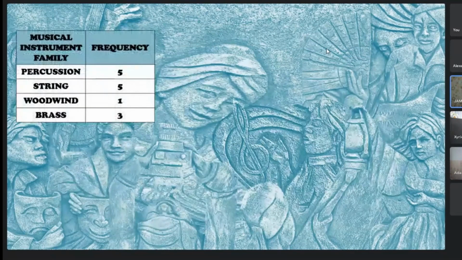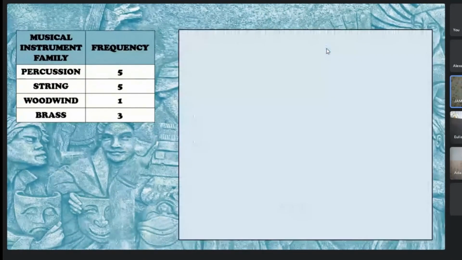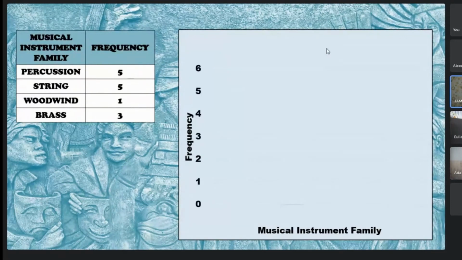Then draw the bar. So we have here our FDT, or the frequency distribution table, with the frequency and the categories for each musical instrument family. Then we have our vertical axis, the frequency, and the horizontal axis, the musical instrument family. We are going to draw them. So we have 0 to 6 or 0 to 5, since 5 is the highest frequency. Then the percussion, string, woodwind, and brass as the musical instrument families.